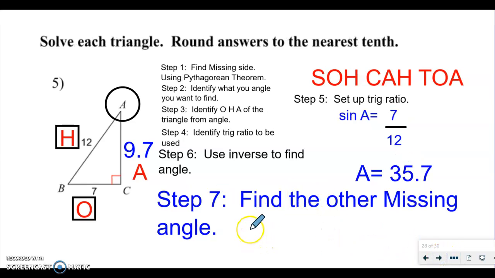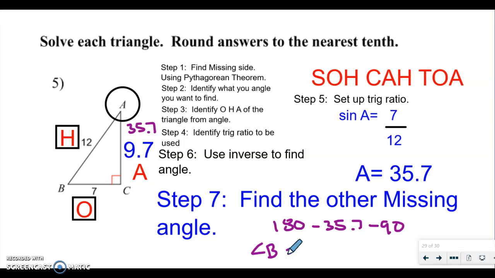Then we're just going to find that missing angle. So we got this to be 35.7. We're going to take 180 minus 35.7 minus 90. And you guys get angle B to equal 54.3.